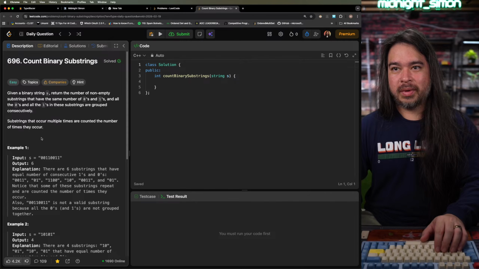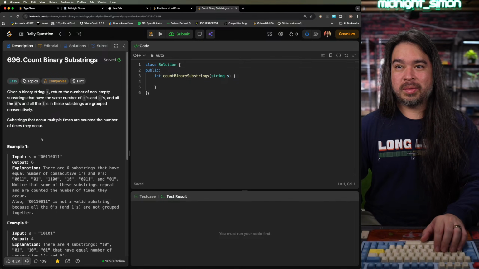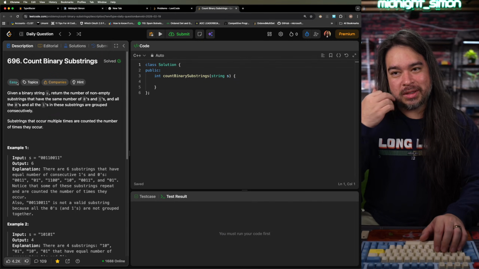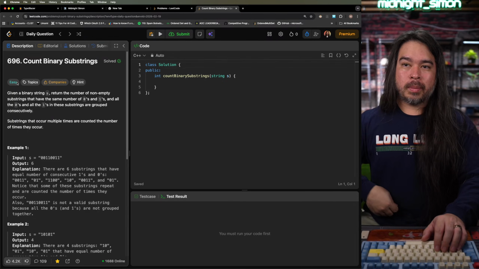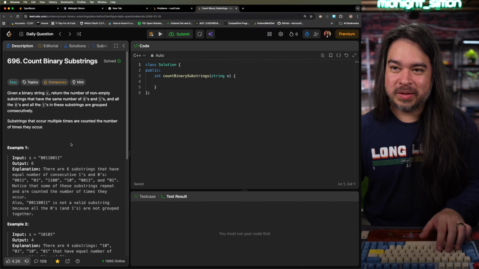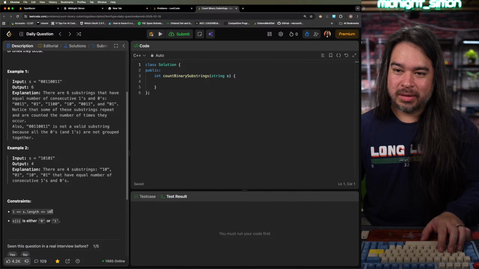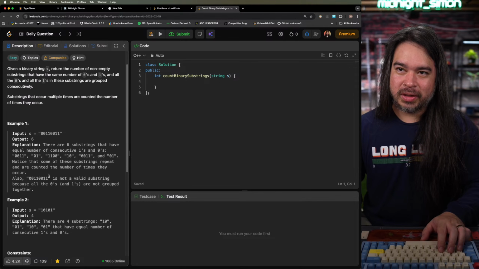Dang. So this is an easy problem, they say. This doesn't sound so easy, especially with 10 to the 5th constraints, but let's try and figure it out. They say there are 6 substrings that have an equal number of consecutive ones and zeros.